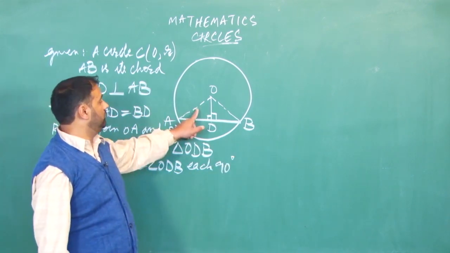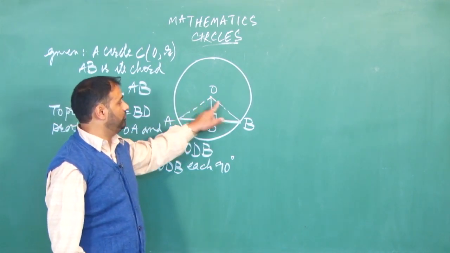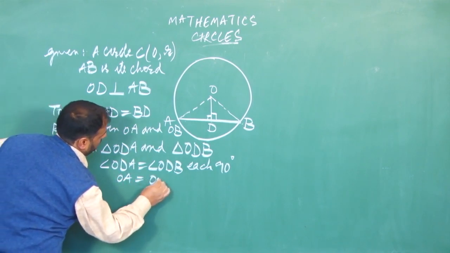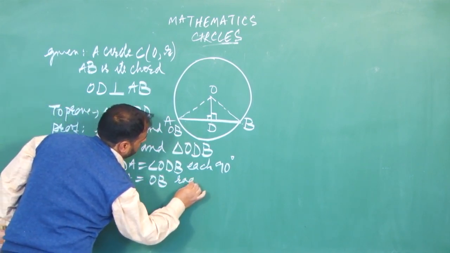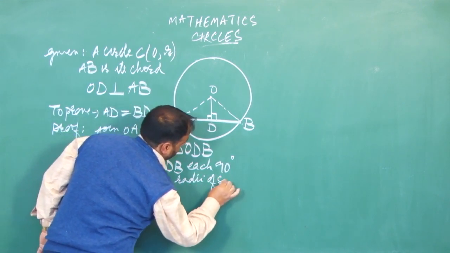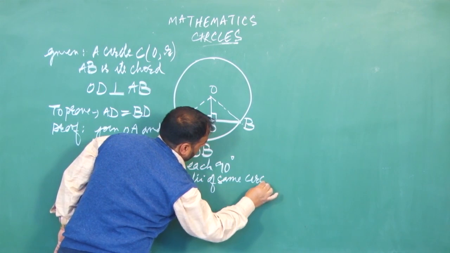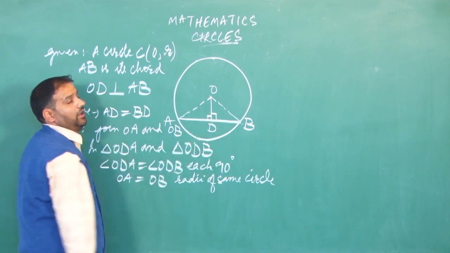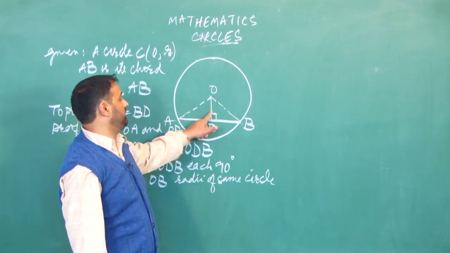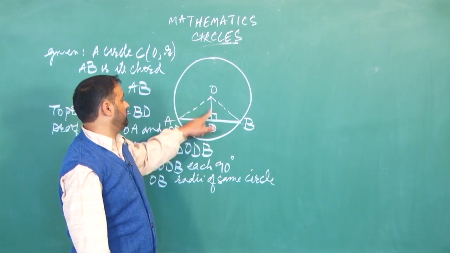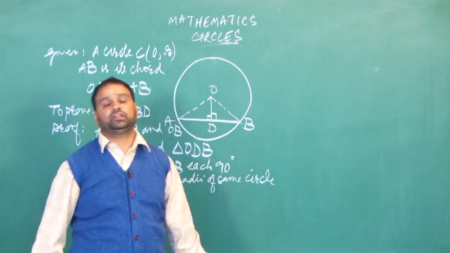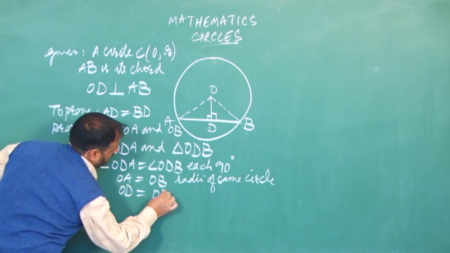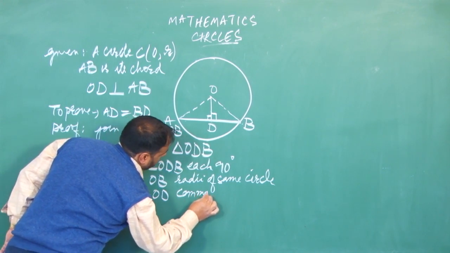Then we have OA, the radius of the circle, and OB, also the radius of the circle. They both are equal, and the reason for that, we write, radii of same circle. Then in both cases, OD happens to be the common side for both triangles. OD is the side of triangle ODA and OD is the same side for triangle ODB. So we can write OD is equal to OD, common side, or simply common.